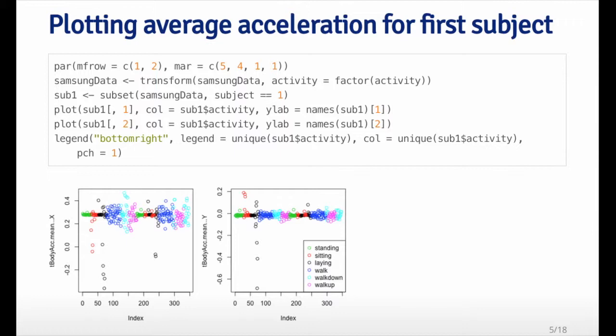You can see that the green is standing, the red is sitting, and the black is laying, etc. You can see that the mean body acceleration is relatively uninteresting for things like standing, sitting, and laying, but for walking, walking down, and walking up, there's much more variability in the mean body acceleration in the x direction.